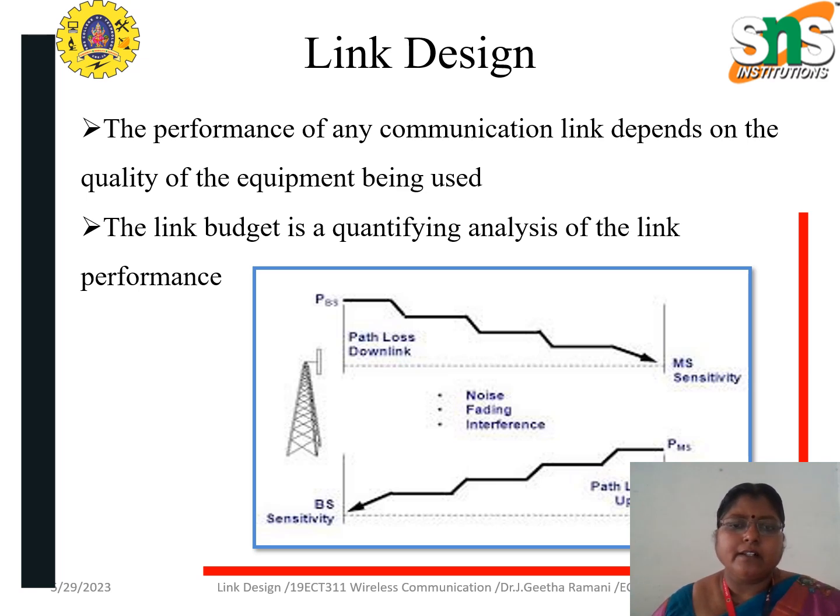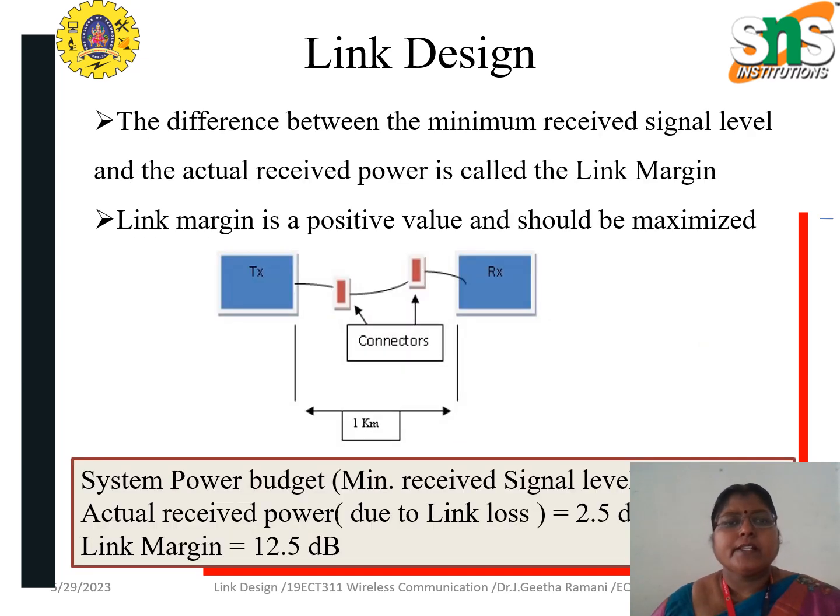So this is your path loss downlink and this shows your path loss uplink. We calculate the difference between the minimum received signal level and the actual received power, which is called the link margin. Link margin is always a positive value and if we try to maximize it, it will give better results.